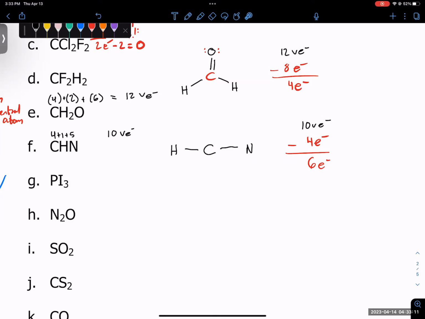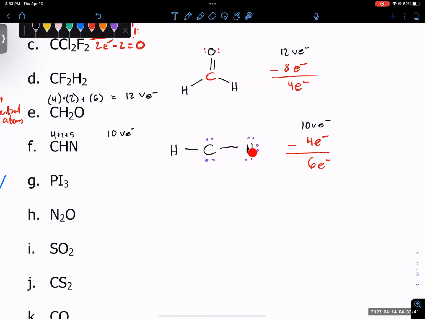We know things like carbon and nitrogen like to fulfill their octet. Right now, carbon has 2 bonds, meaning it has 4 electrons, so it needs 4 more. So we're going to put those 4 more in purple. And then nitrogen likes to fulfill its octet as well. But it only has 2 electrons in that one bond, so we're going to need to add up to 8. So 1, 2, 3, 4, 5, 6, and then it has the other 2 from this bond.